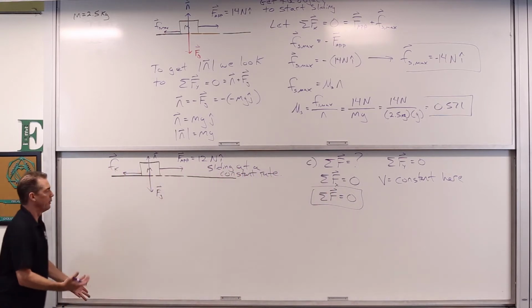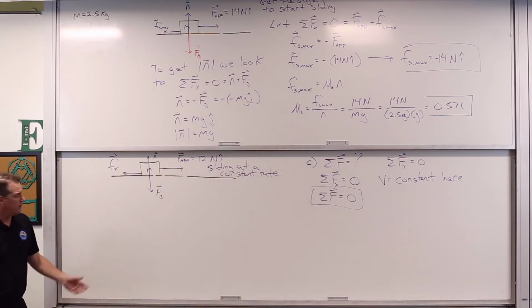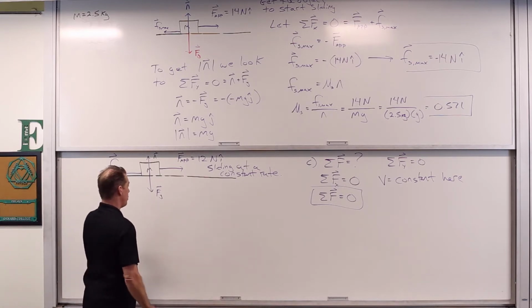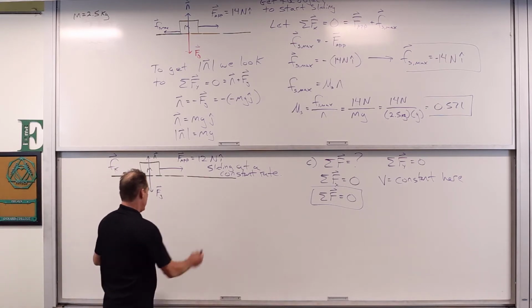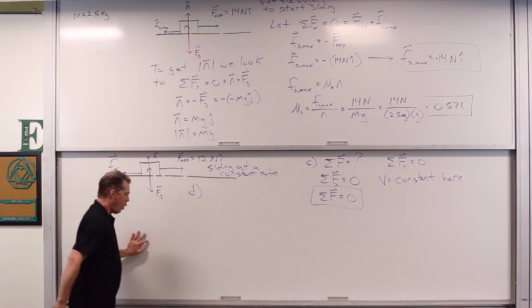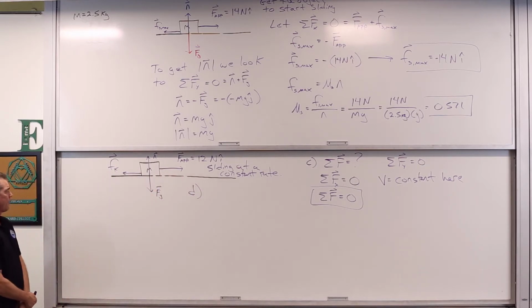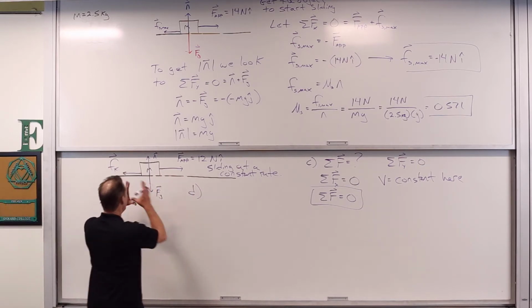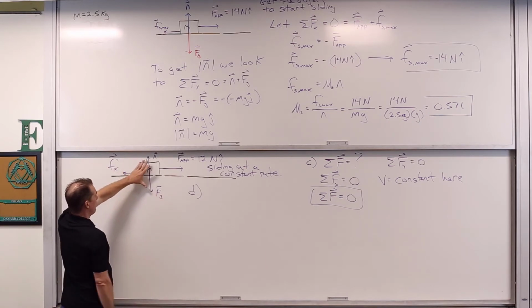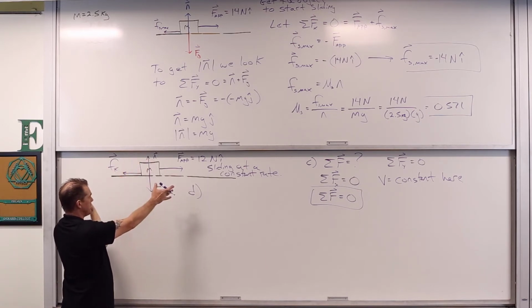All right, that's just kind of putting that together. If it's sliding at a constant rate, net force on it has to be equal to 0. No change in motion. Then we can go from there. And the question now becomes, what is the force of kinetic friction acting? Well, again, we already know the net force in both dimensions is equal to 0.